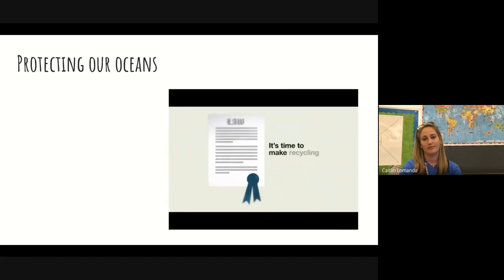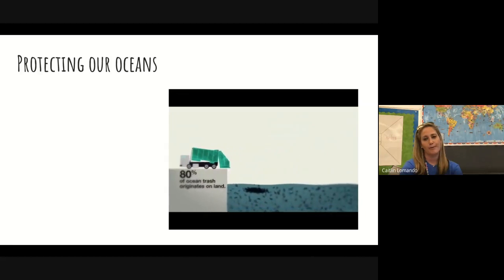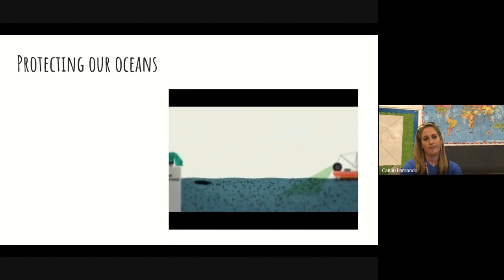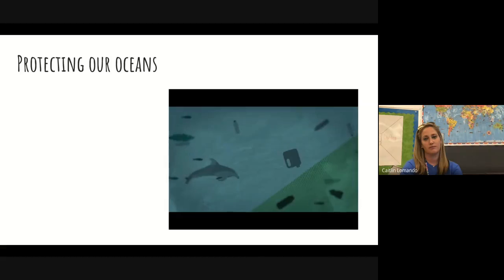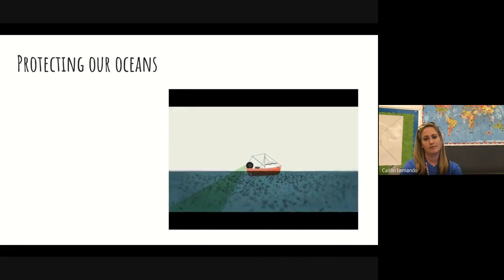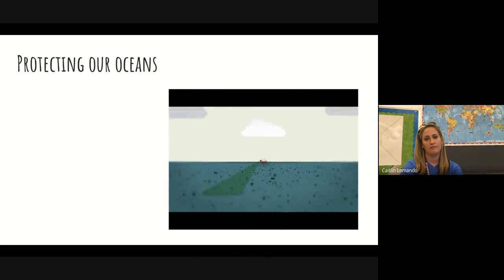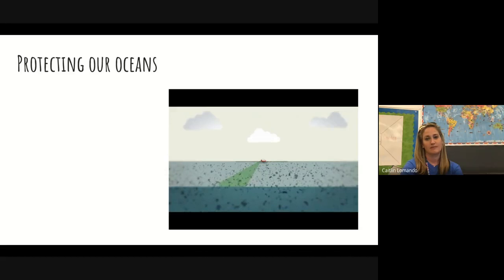It's time to make recycling a national law. 80% of ocean trash originates on land. Scientists who have studied the issue say that trawling the ocean for all its trash is impossible and would harm plankton and other marine life. It's simply not possible to thoroughly clean a section of the ocean that spans the area of a continent and extends 100 feet below the surface.